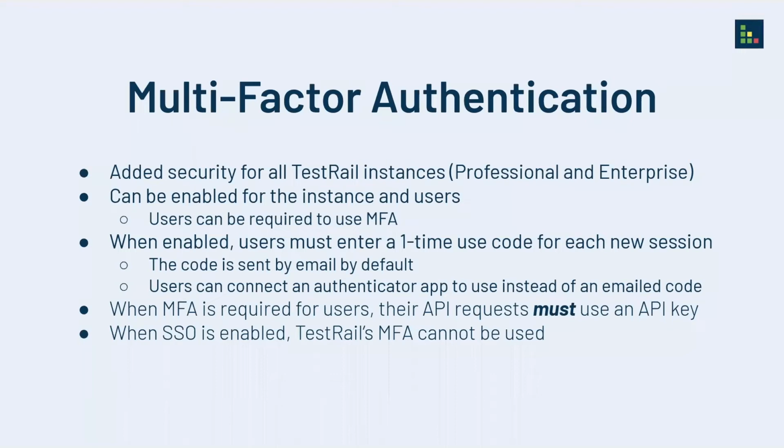But when enabled, like I said, you will be prompted for a one-time use code for every new session. So every browser session that you log in, you will be prompted to use multi-factor authentication. The code is provided by email by default, but you can use an authenticator app as well that uses a standard TOTP algorithm, which I'll show you in just a minute here.